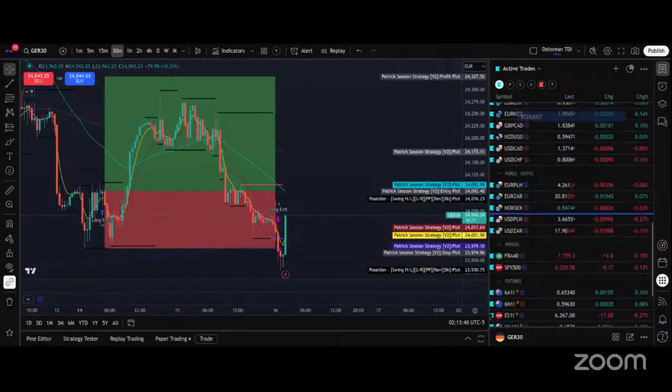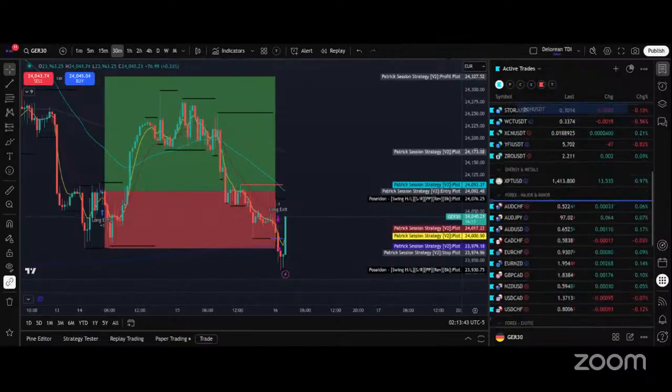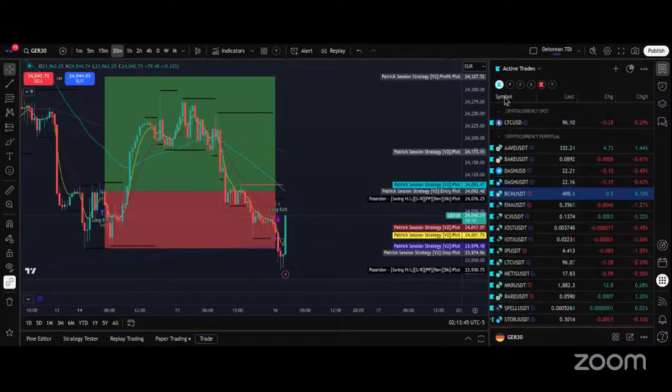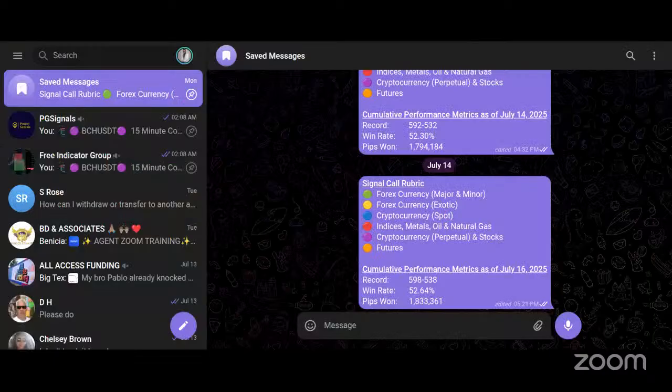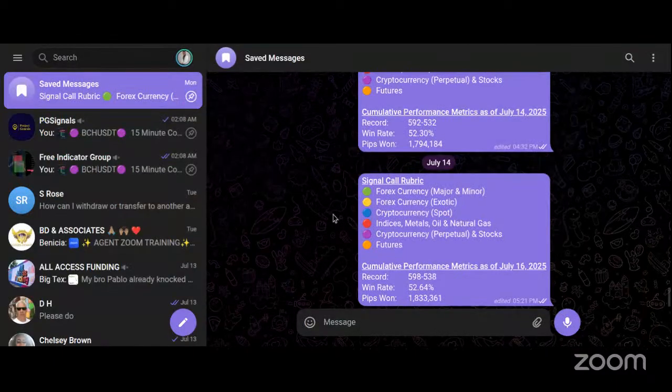Let's go ahead and get organized here. Now, I do call trades using a color-coded system. Since May the 2nd of this year, when I started trading for the year, I was sick most of the beginning of the year. What you're going to see is this rubric. Green signals are major and minor Forex currency pairs.